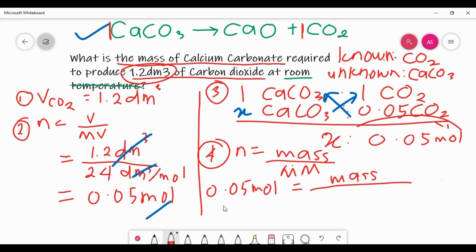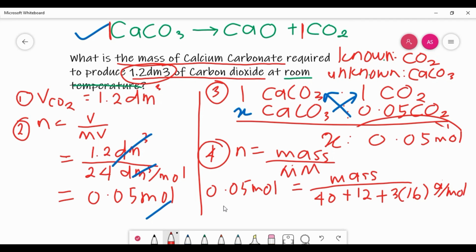Okay, molar mass untuk CaCO3 adalah, okay, Ca punya atomic weight adalah 40 plus with 12 atomic weight untuk carbon, and plus with 3 times 16. Okay, this one adalah atomic weight untuk oksigen darab with 3 sebab oksigen ada 3.